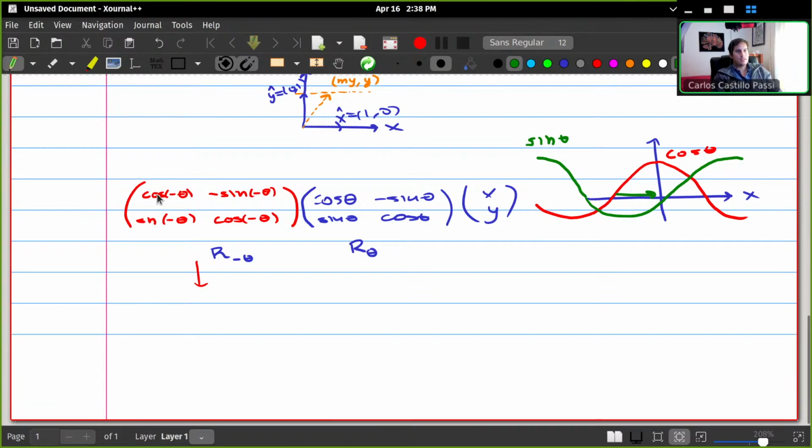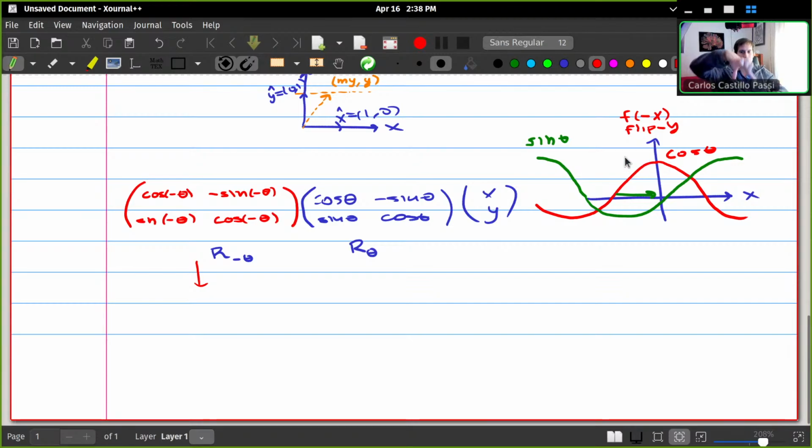Now let's see what happens to the cosine of minus theta. The cosine of minus theta, meaning a function evaluated at the minus argument, is equivalent to flipping the plot with respect to y.